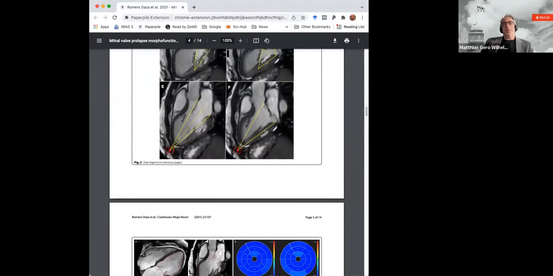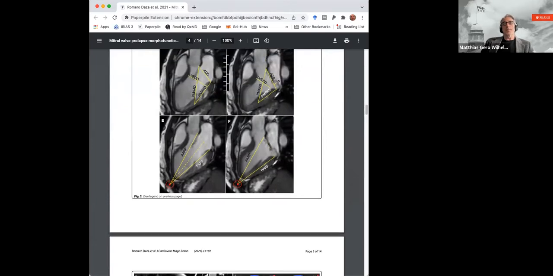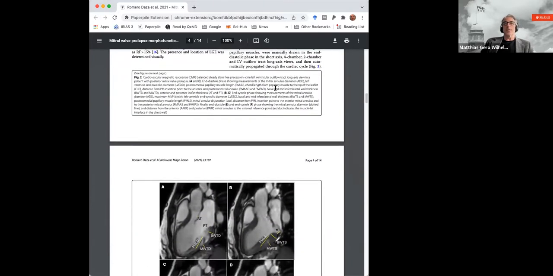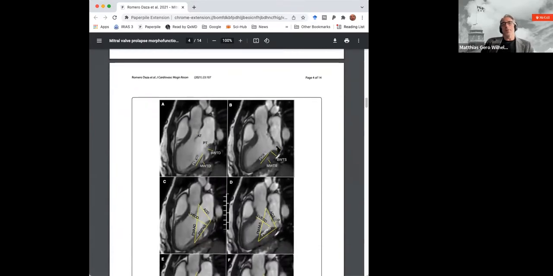In the 4-chamber view, in mitral valve prolapse, you typically have a very fast displacement of the valve. The base is at the right place, but then you have the prolapse, which is actually moving towards the atrial side of the plane.